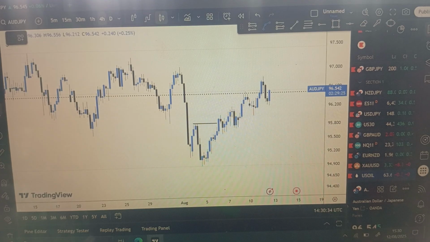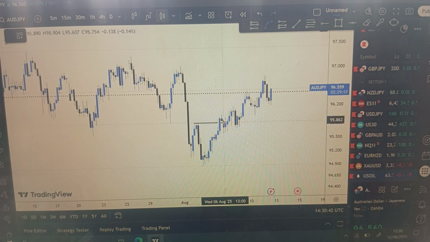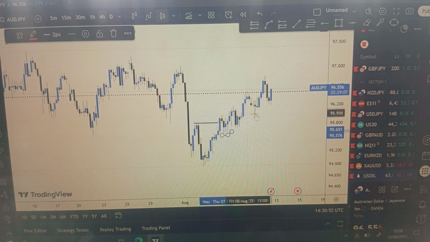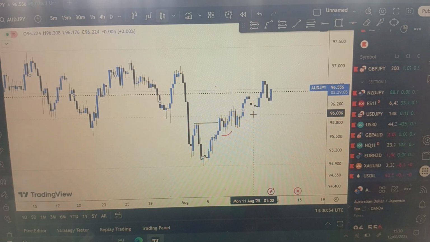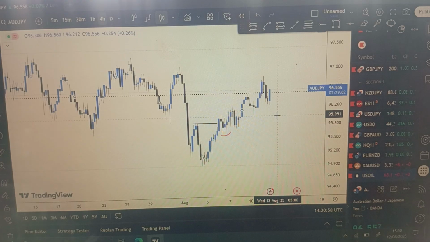So that still signifies that we are in a bullish market. On the 4 hour time frame, it has clarified to us that we are bullish. All these lows are still intact. Nothing has shifted them on the 4 hour time frame.